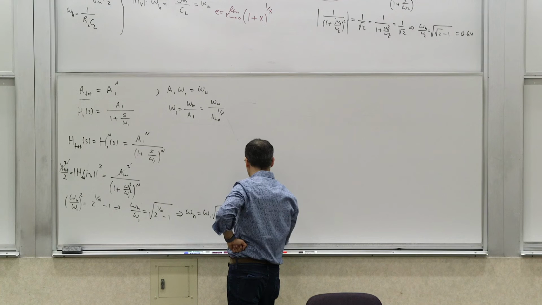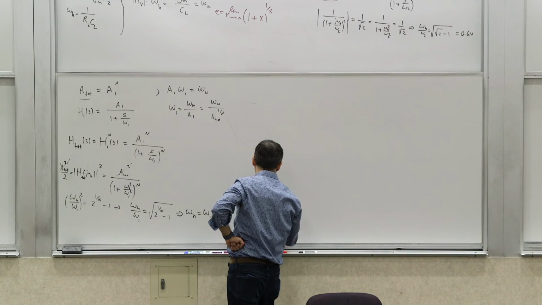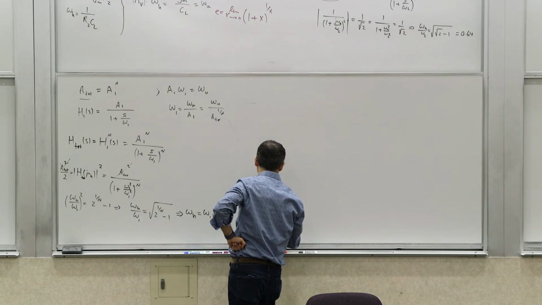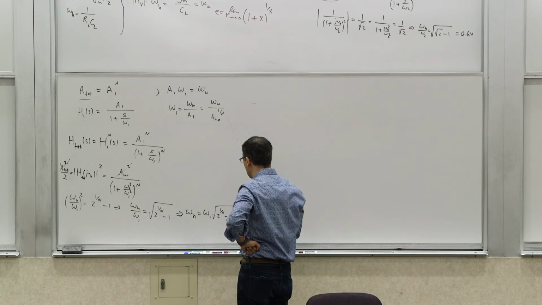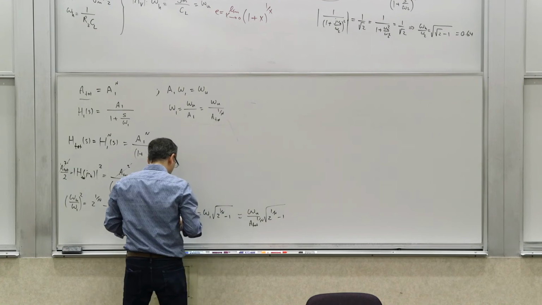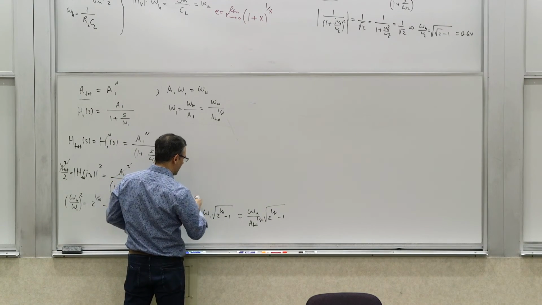So I get A_total to the power of 1 over n, times 2 to the power of 1 over n, minus 1. Let me write the end result a little more clearly.